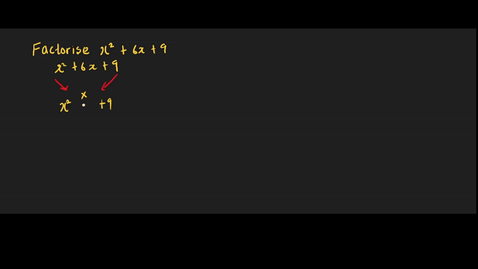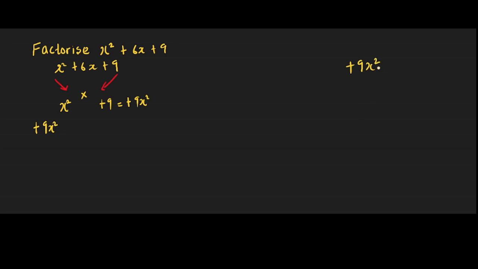We multiply these two together, then we are going to have plus 9x squared. Now, the next step is we think of two factors that we can multiply together to give us plus 9x squared. We think of two numbers that we can multiply together to give us plus 9x squared.